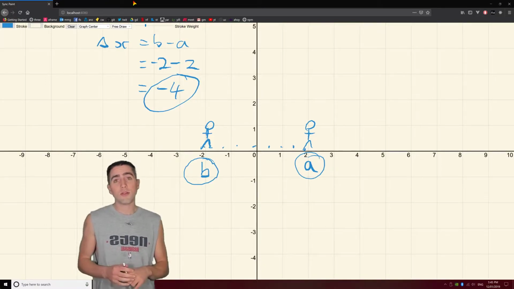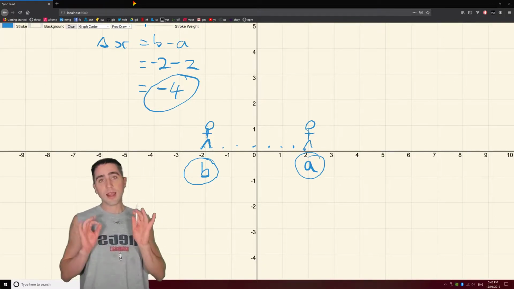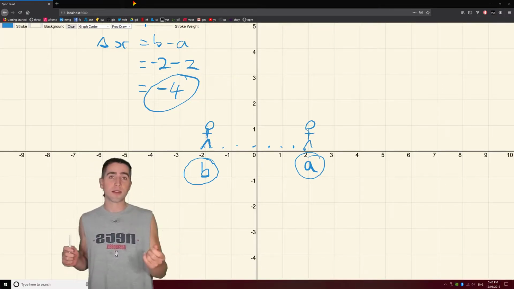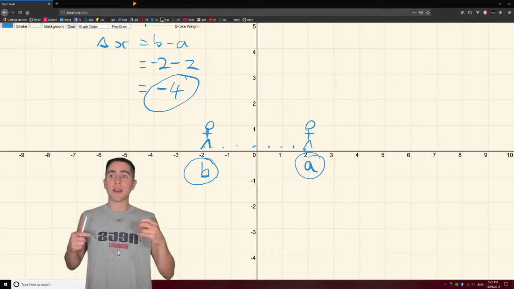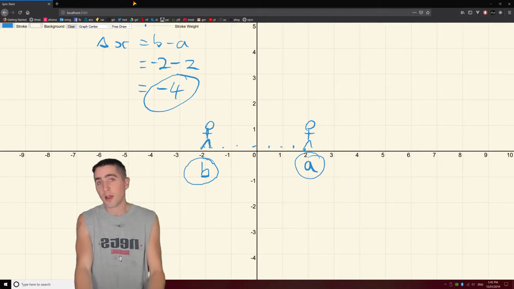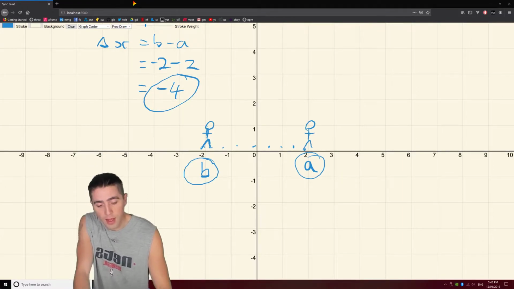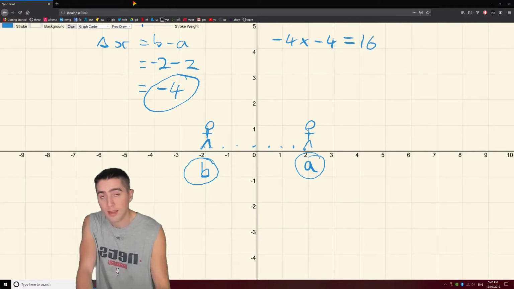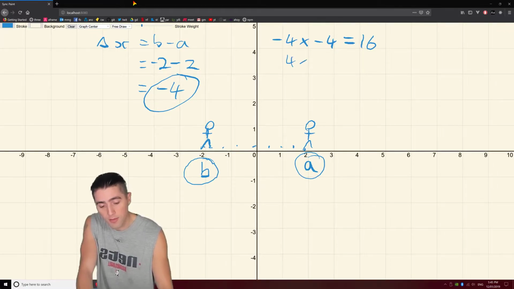One of the ways we can do that is if we take any number and multiply it by itself, then if it's positive or negative, it'll always be a positive number. So let's say -4 times -4 equals 16. That's the same as 4 times 4 equals 16.